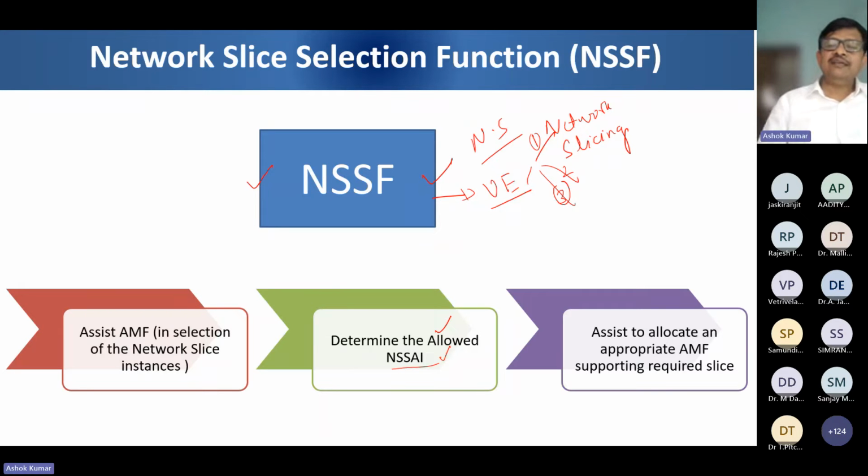And then finally, in many cases, a particular network slice will be handled by an internal AMF of that slice. So the outside AMF has to connect to a particular AMF of that slice. So that means NSSF will assist AMF in allocation of the required AMF supporting that slice. So these are the brief, broad functions of NSSF.